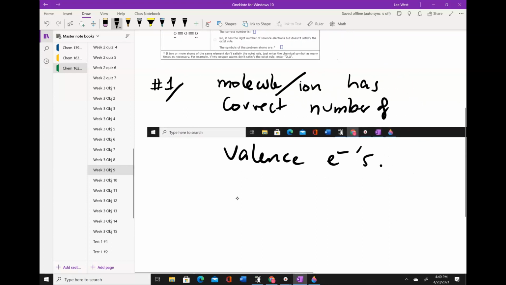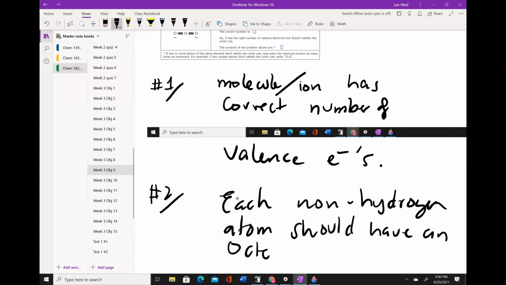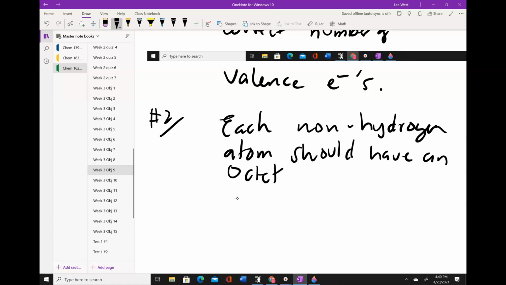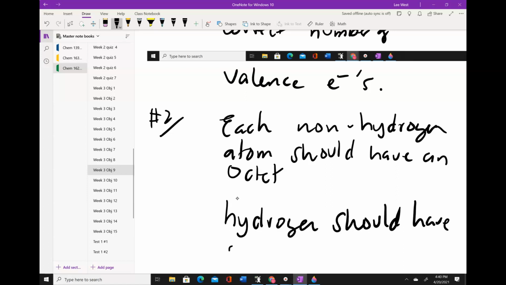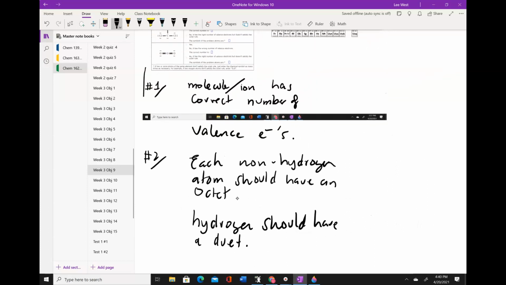The second thing is that each non-hydrogen atom should have an octet, and then hydrogen should have a duet.